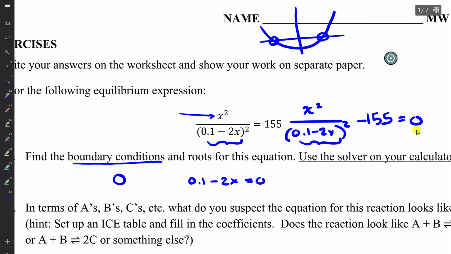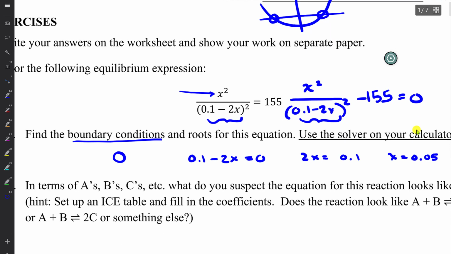That tells you when that expression crosses 0. So 2x is equal to 0.1, and x is equal to 0.05. That's known as the upper bound for this problem, because if x becomes bigger than that value, then this term becomes negative, which can't be true when dealing with chemical concentrations. So our left bound is 0, and the upper bound is 0.05.